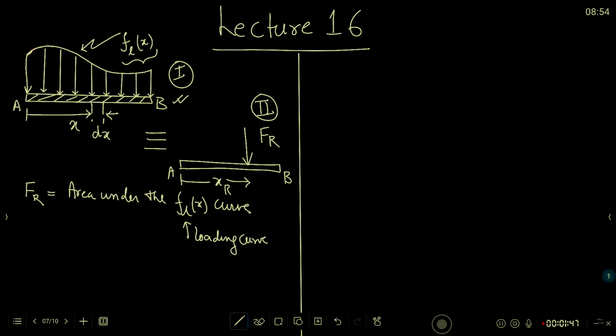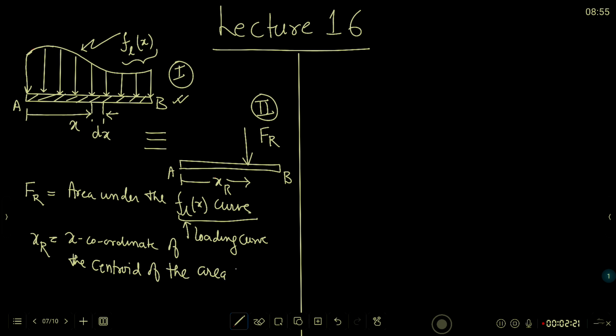So the rigid body has been loaded by a line distributed force characterized by this curve. So Fr turns out to be the area under the FL(x) curve, and XR turns out to be the x coordinate of the centroid of the area under the loading curve.